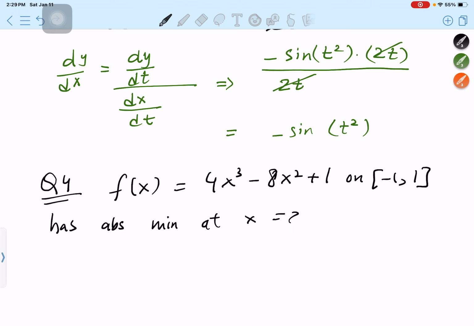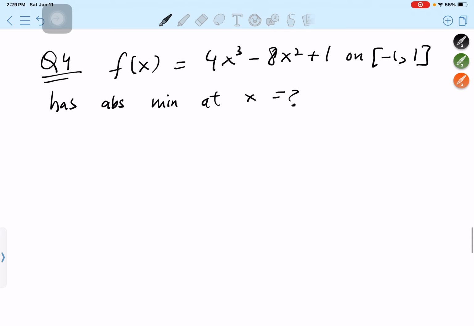Well, if you remember the closed interval method, basically all you do is find critical points for this function that fall within this interval. You evaluate this function at the critical points that fall in this interval as well as the endpoints themselves, and the smallest value simply is the absolute minimum.